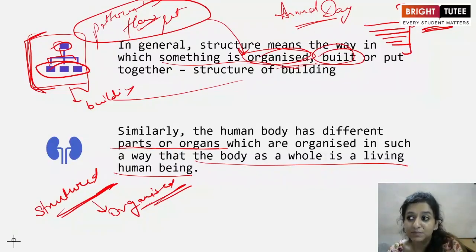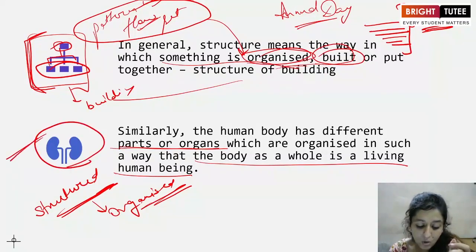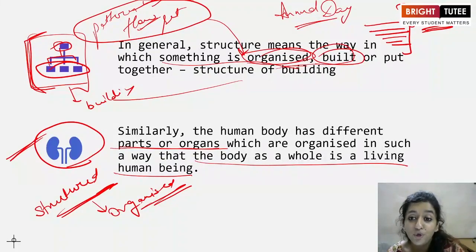Now why is that? Because if the organ is left alone, in conditions and circumstances where it is not able to survive on its own, it will be of no use.